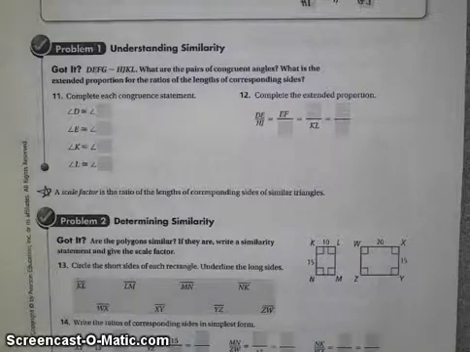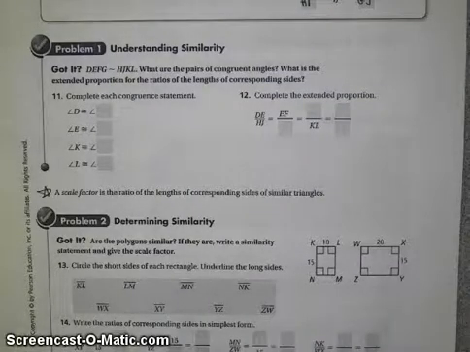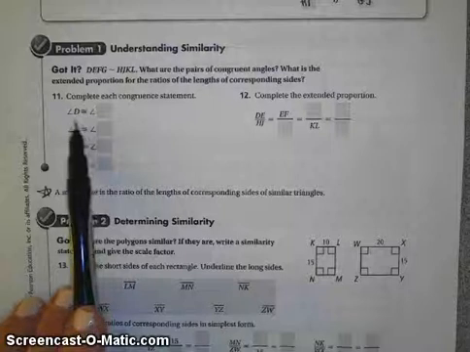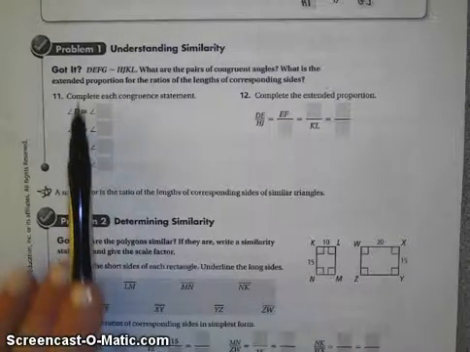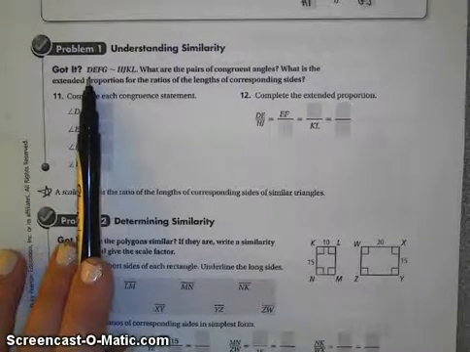To understand if polygons are similar, we look for two things. First of all, you want your angles to be congruent. Look at the names of the polygons, especially if you don't have a picture.